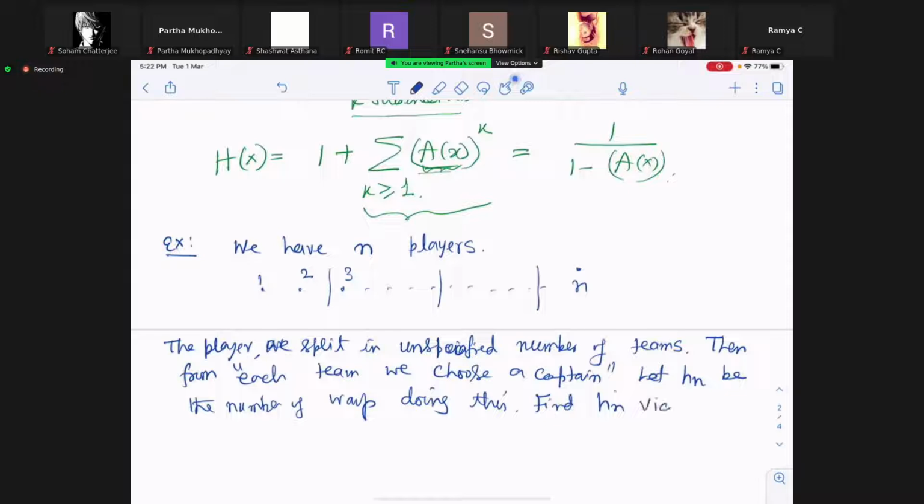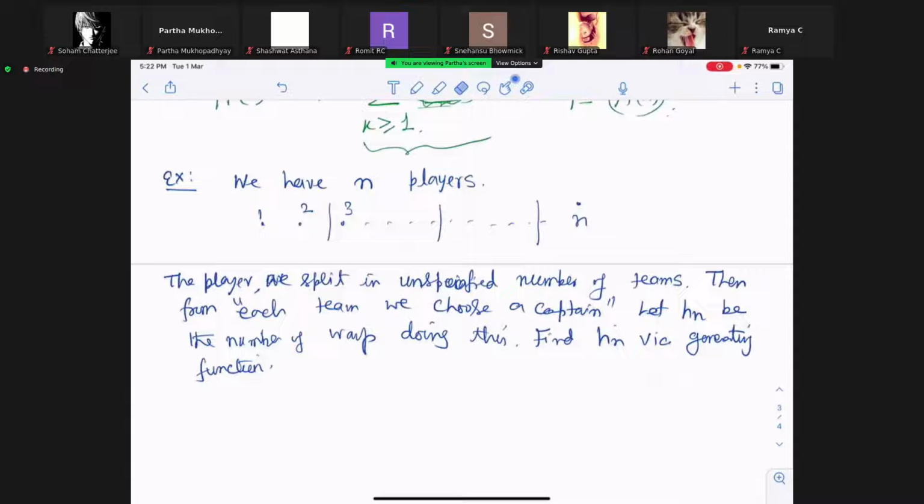This is a question via generating function. So how shall we attack such a problem? All you have to think is, I have one substructure, a subinterval rather, and what is my plan? These are the players standing here, so I'll go and pick one of them as captain, right?